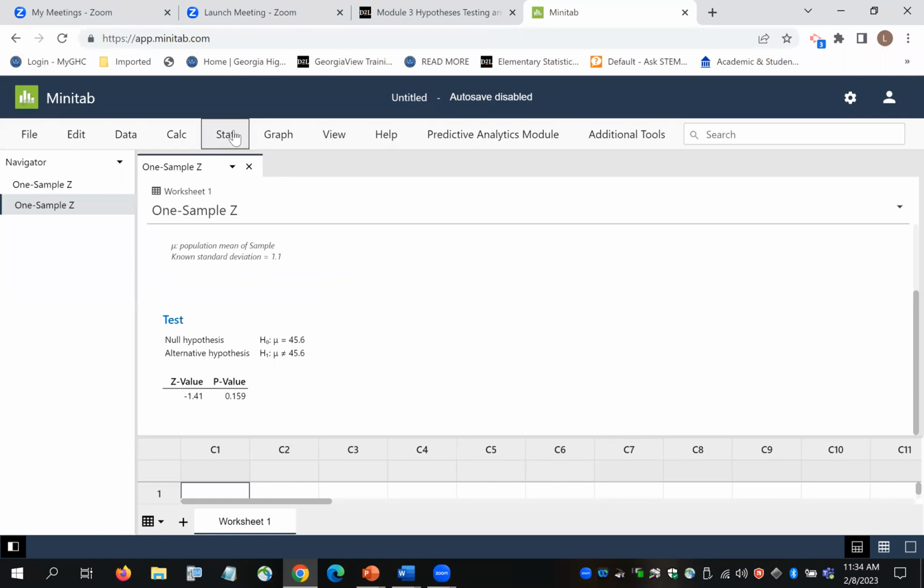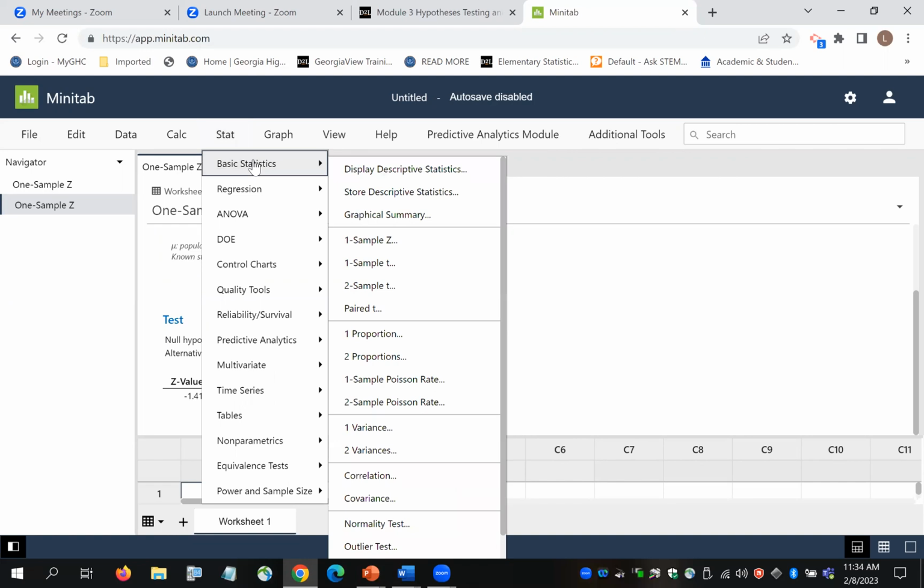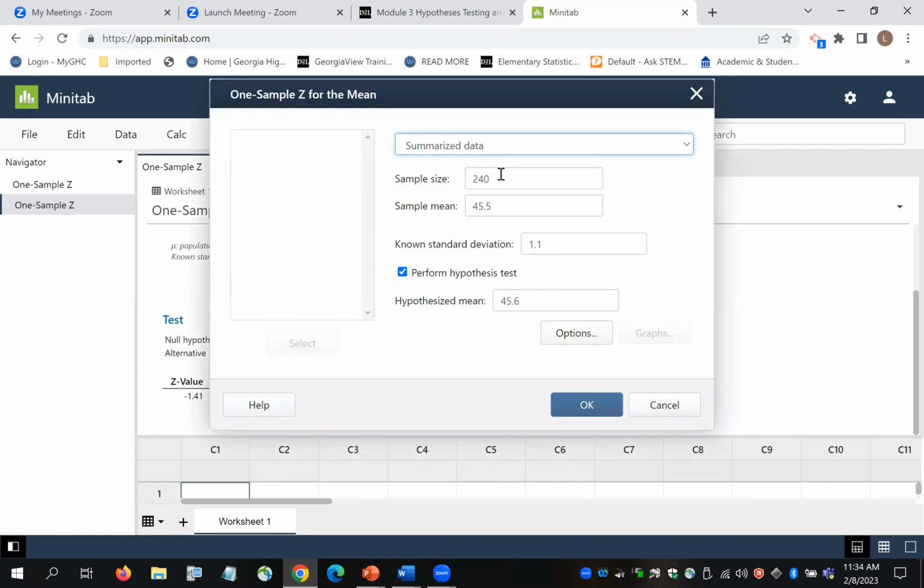Walk through again. Stat, basic statistics, one sample Z, my summarized data. My sample size was 60 patients. The sample mean was 312. The known population standard deviation was 22.